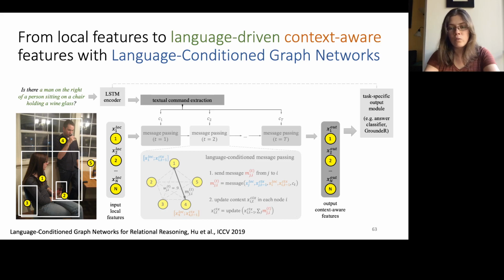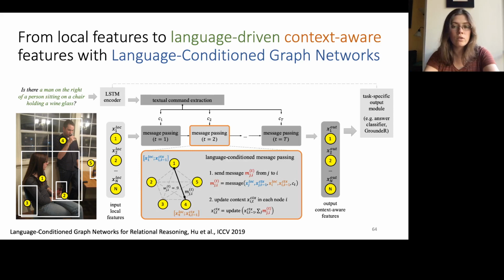What happens here is the message passing mechanism, where at every step we attend to a textual command. And the textual command is some part of the question that is relevant at a given time step. With this textual command, we then consider what edges are important to answer the question.